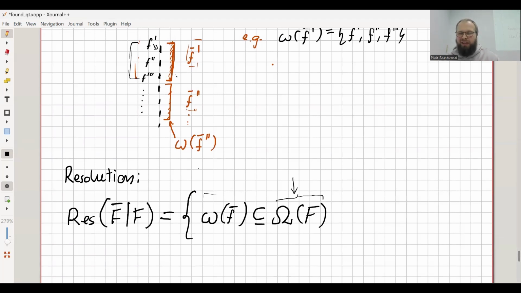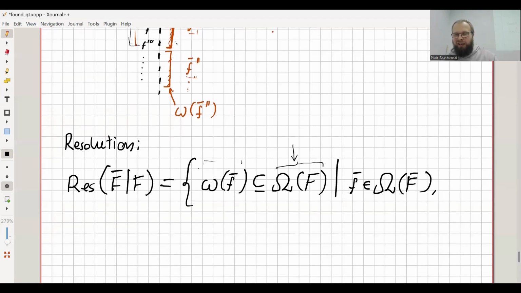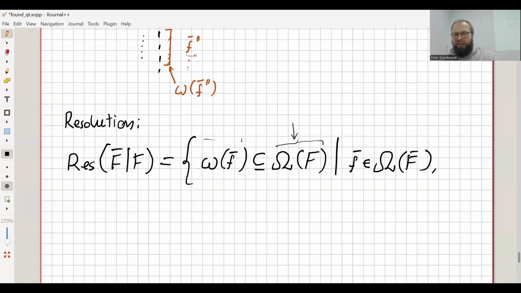So we are partitioning all possible results of fine measurement into groups, such that each F bar is one of the results that device F bar can display. The next thing we want is that omega of F bar intersected with some omega of F bar prime is the empty set.